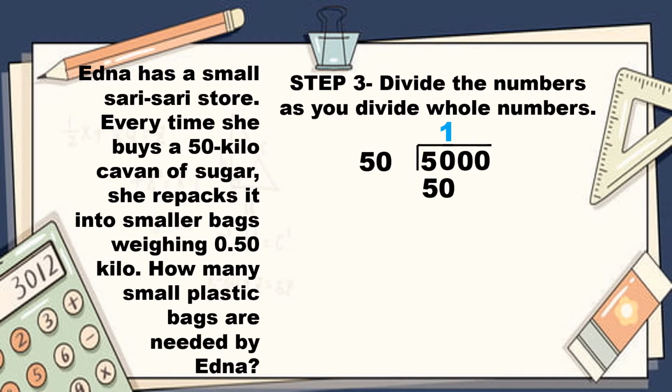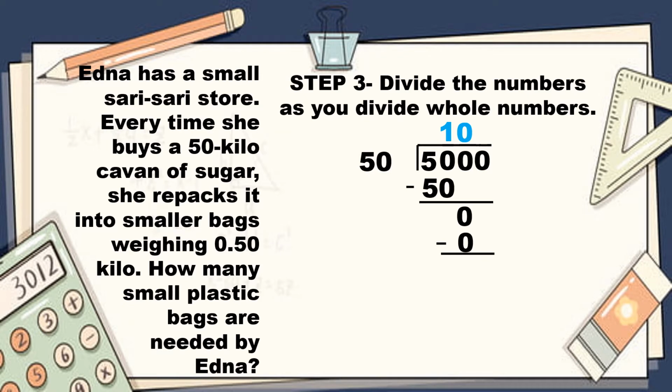Subtract 50 minus 50 is equal to 0. Then bring down 0. 0 divided by 50 equals 0. Then 0 times 50 equals 0. Subtract 0 minus 0 equals 0.